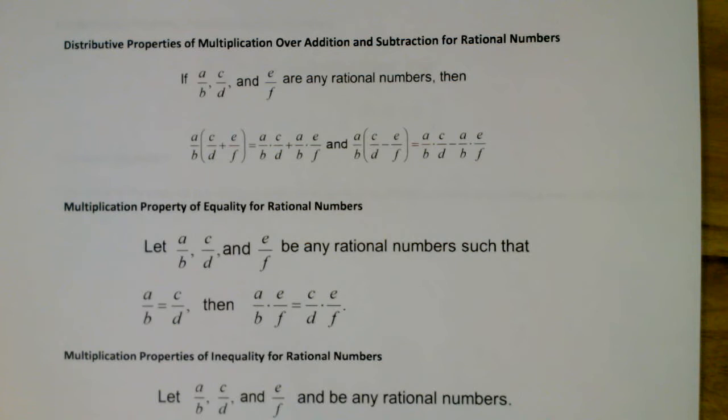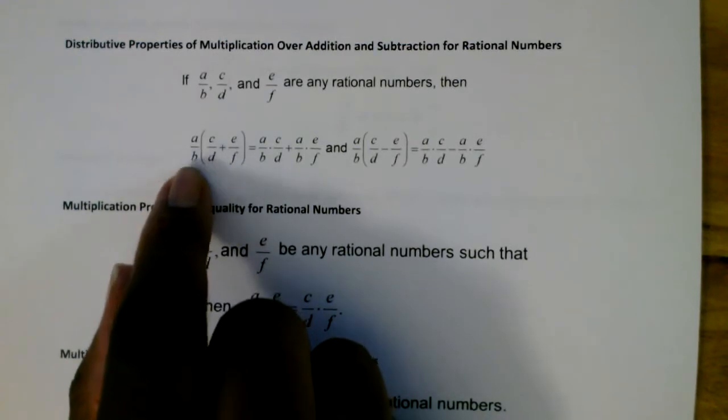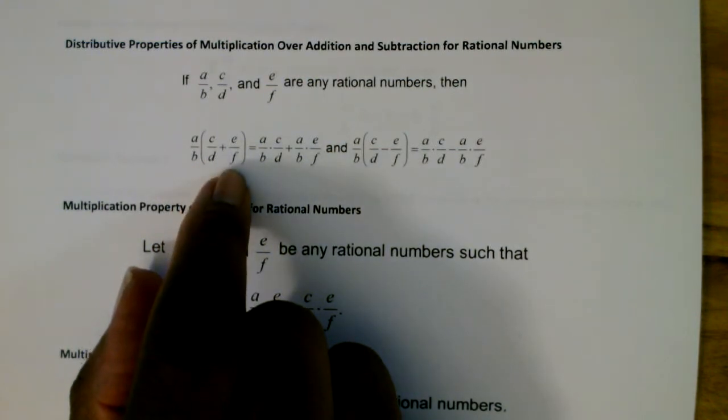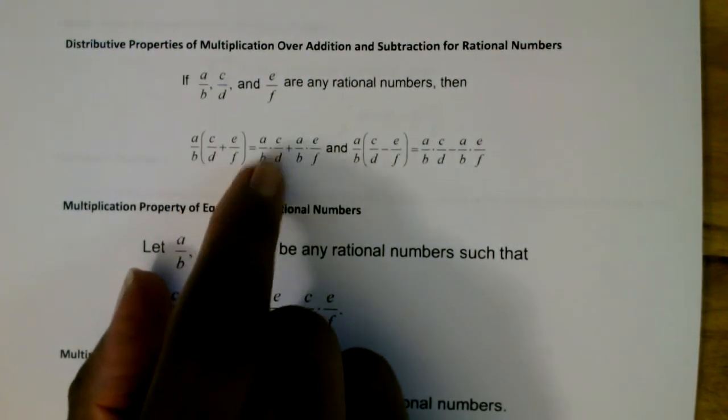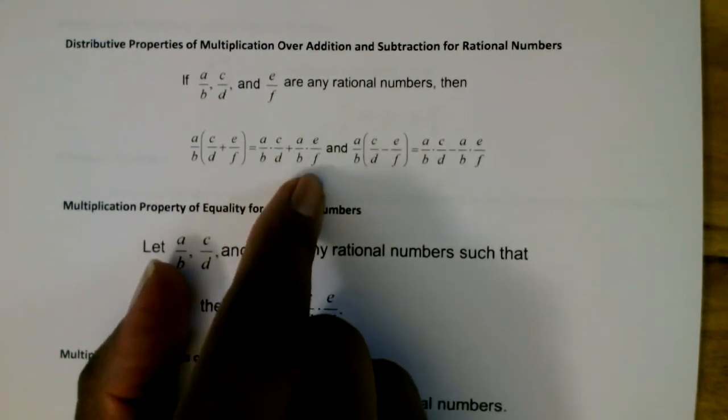And it's going to be this: if A over B, C over D, and E over F are any rational numbers, then A over B times the quantity C over D plus E over F is equal to, it would distribute the A over B over the C over D plus E over F through multiplication. So it'd be A over B times C over D plus A over B times E over F.